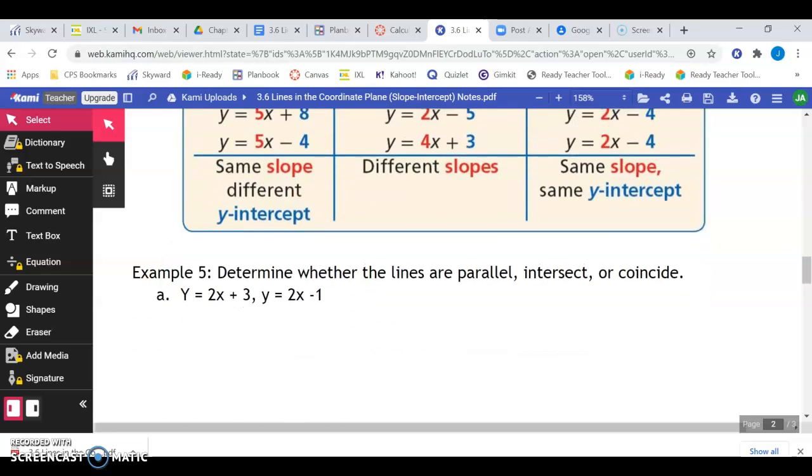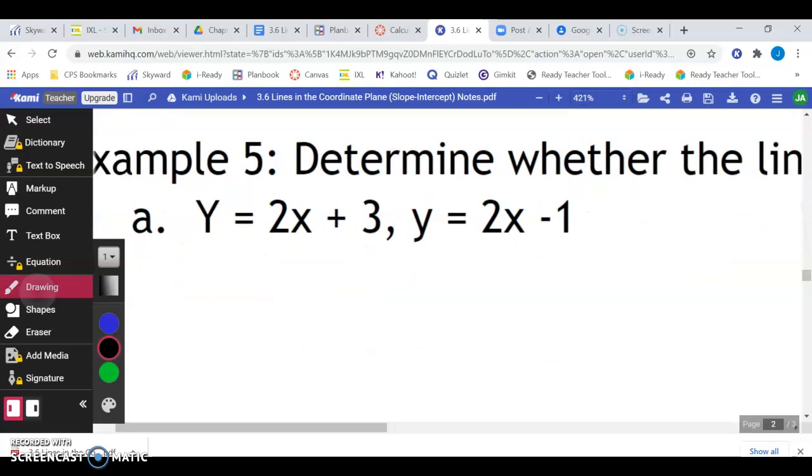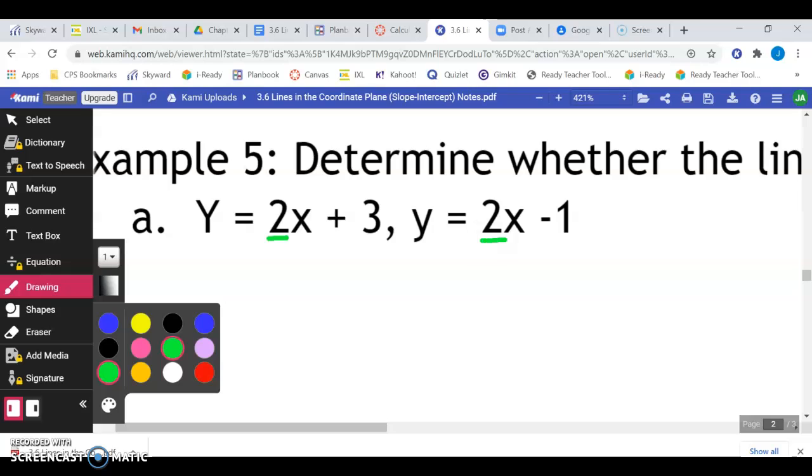So example 5, we have to determine whether the lines are parallel, intersecting, or coinciding. So looking at these, let's take a look at our slope. So the number in front of x, same slope. So we know now that they're either parallel or they are coinciding.